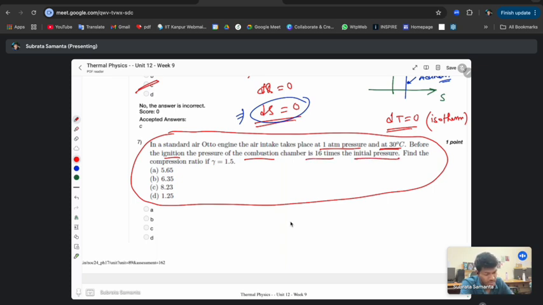Find the compression ratio if gamma is given. Here gamma is the ratio of the specific heat at constant pressure and constant volume. This is given as 1.5.